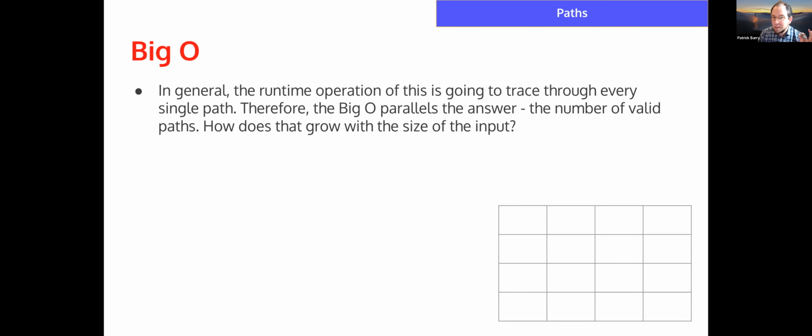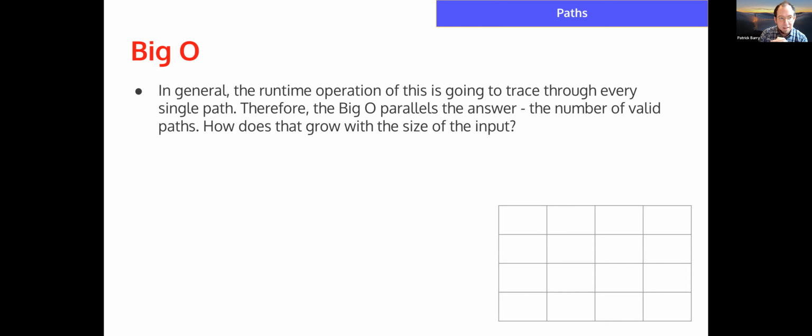The runtime of this, it's going to work out to be the work you're doing, since you're going through every possible path, it's going to be proportionate to how many paths there are. So we want some way to say how many paths there are as a function of our inputs.